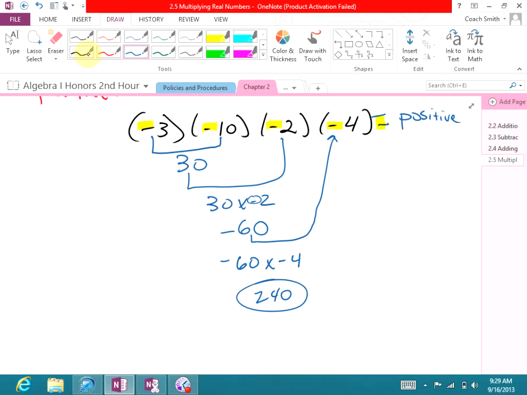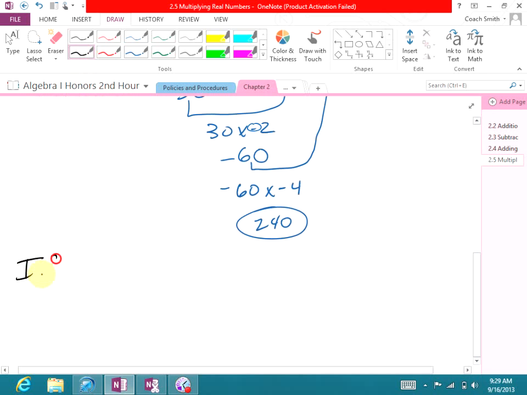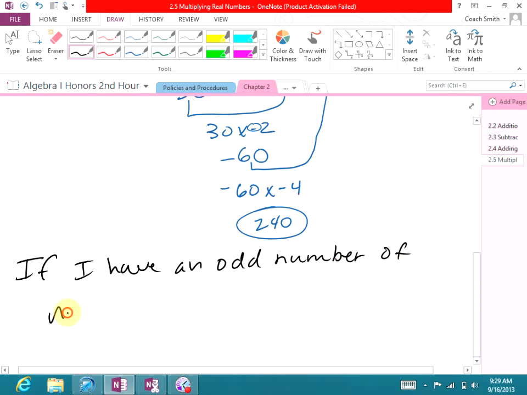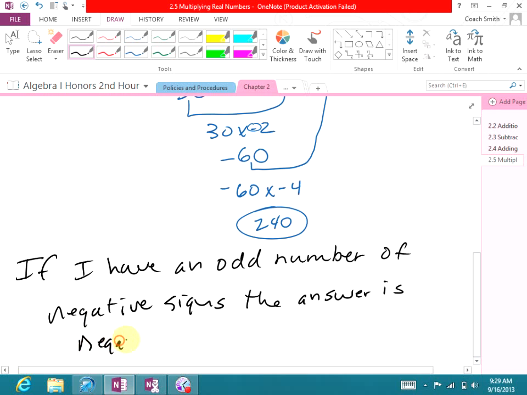Now, the other rule that coincides with that is, if I have an odd number of negative signs, then the answer is going to be negative.